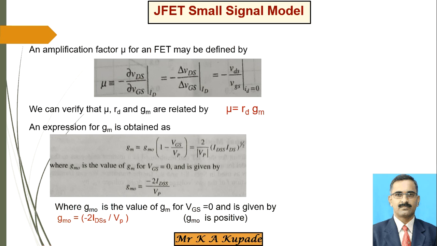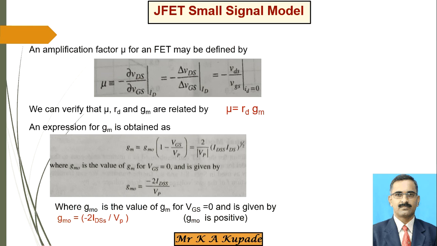Now we can verify that mu, RD and GM are related by mu is equal to RD into GM. That means the amplification factor mu is equal to RD into GM.